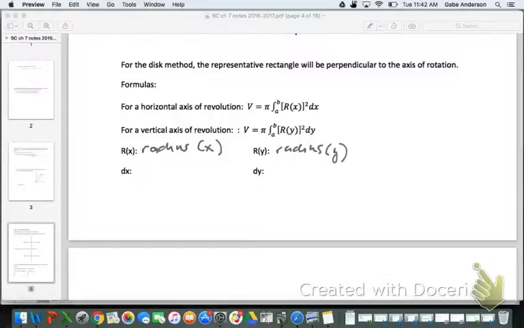And then dx is the height of each disk in terms of x, and dy is the height in terms of y. So it's the same formula. One's in terms of x's, the other is in terms of y's. But bottom line is it's simply pi r squared h integrated over a particular interval. That'll give you the volume of the particular shape.